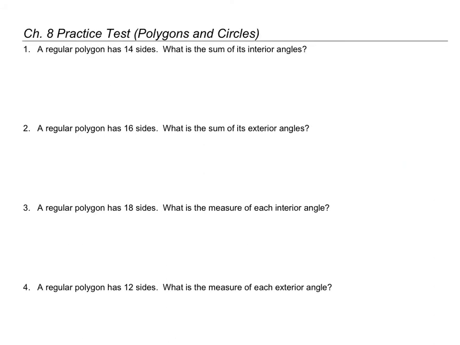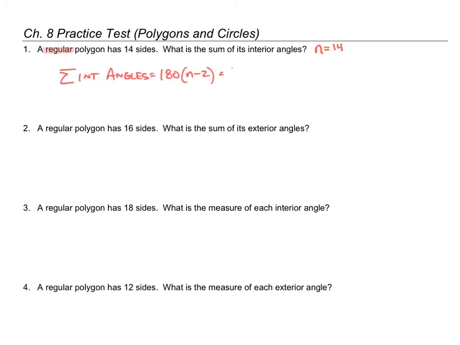Problem number 1: a regular polygon has 14 sides. Stop right there, folks. I want to highlight that word, regular, anytime I see it because it has special meaning when we're working on polygon problems. So we have a regular polygon with 14 sides. What is the sum of the interior angles? Well, that's pretty easy. We have a direct formula for that.